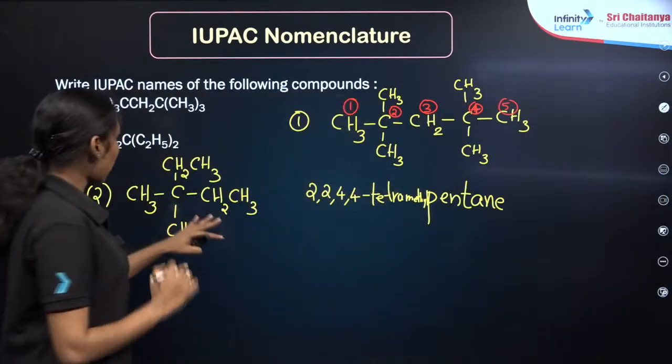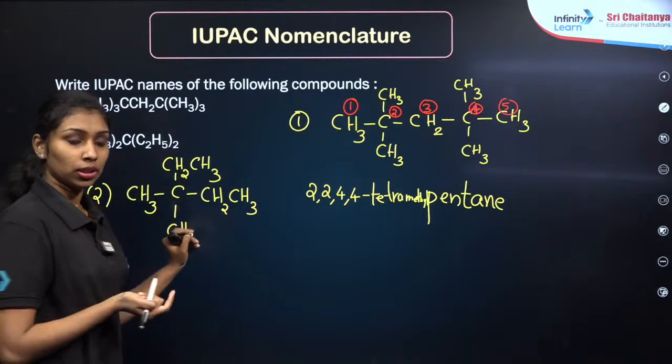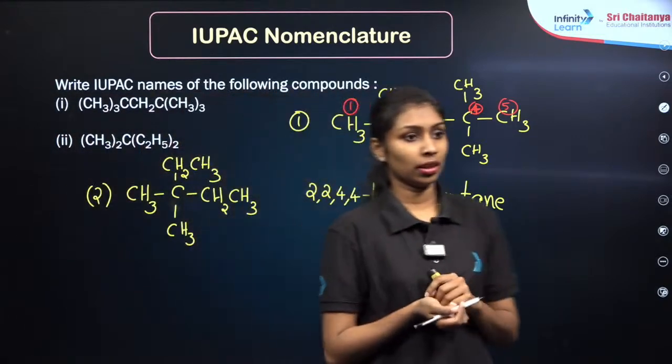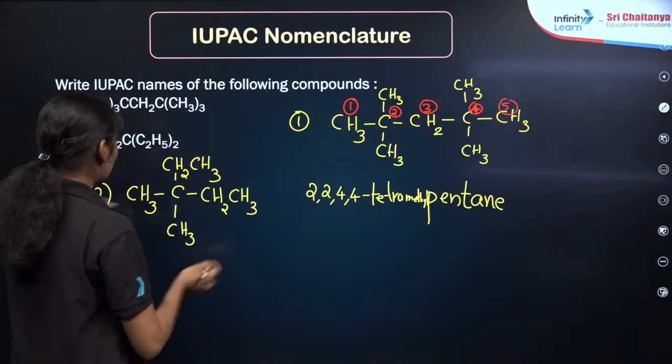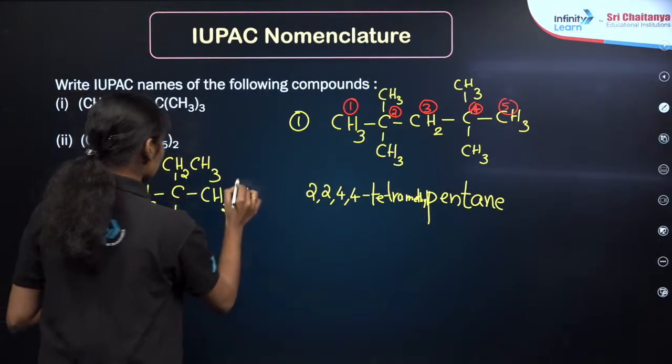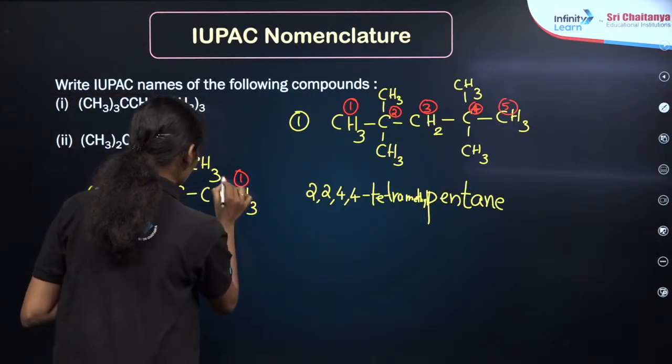Okay, this will be the expanded structural formula for the second compound. So you need to find out the longest chain here. I will try to find out the longest chain here. So I am taking it from here.